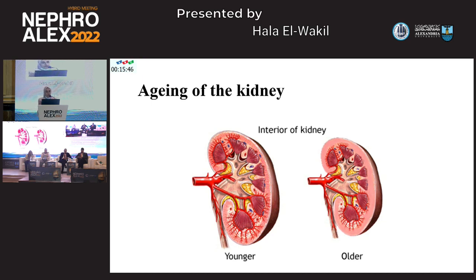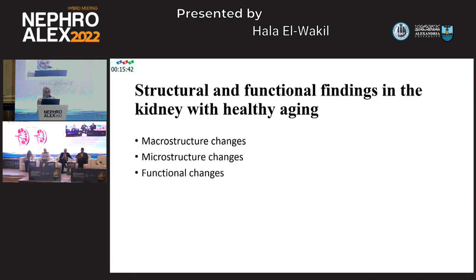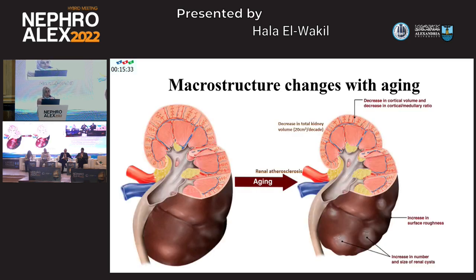What about the aging processes that occur in our kidney? There are a lot of structural and functional changes in our kidney with aging. As regards the macrostructural changes, there are renal atherosclerosis and a decrease in the total kidney volume by around 20 cubic centimeters per decade.